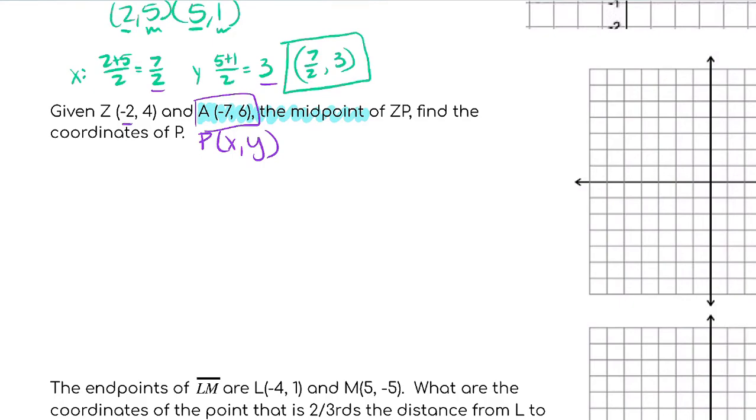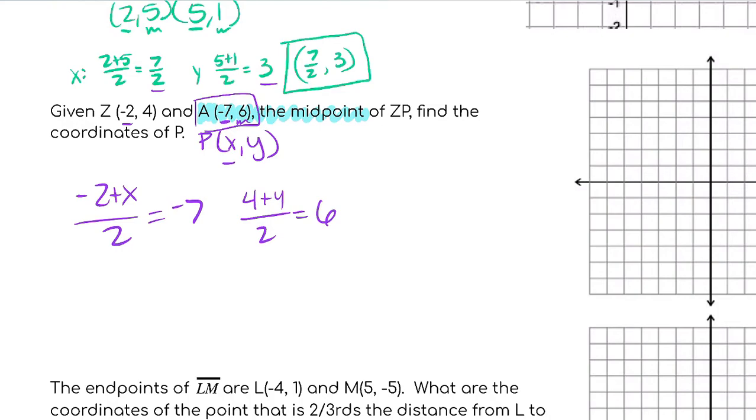So it would be the x's of -2 plus x divided by 2 would give us the x value of the midpoint, -7. And we write an equation. And to get the y value, we would say 4 plus the y value divided by 2 is equal to the y value of the midpoint. And then we can solve these equations for x and y.